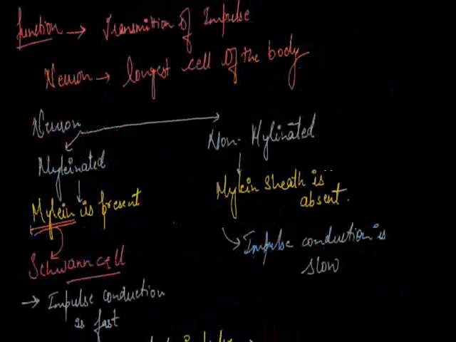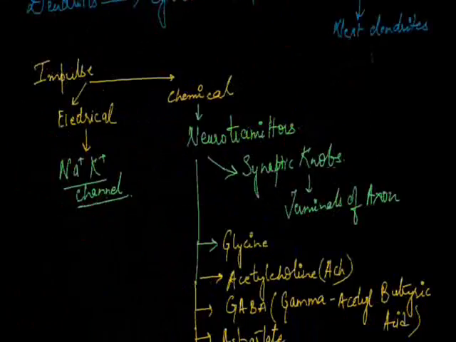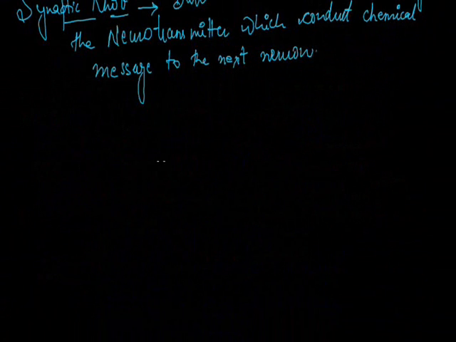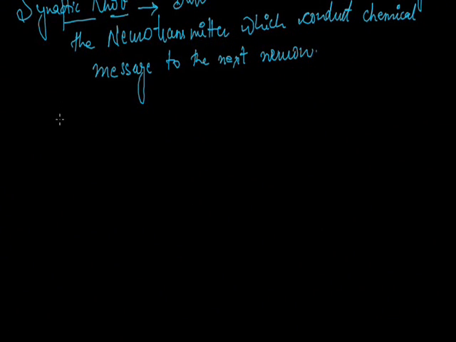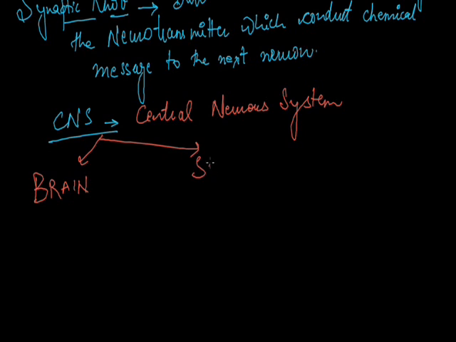So this is just the introduction of nervous system and about the neuron. Mainly our CNS, which is the central nervous system, comprises of neurons having brain and spinal cord.